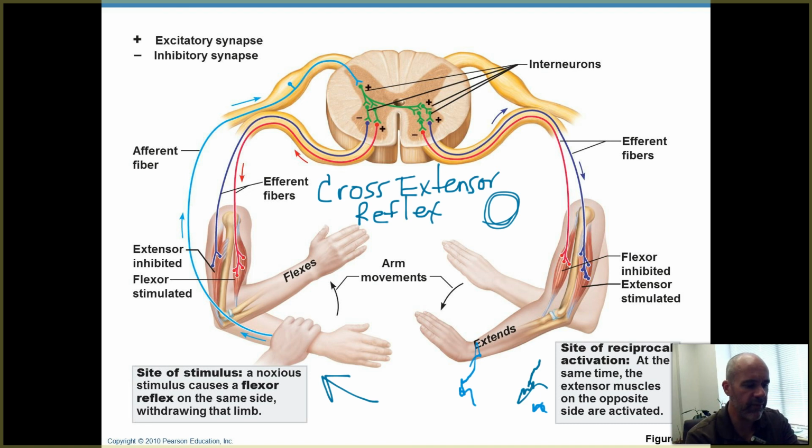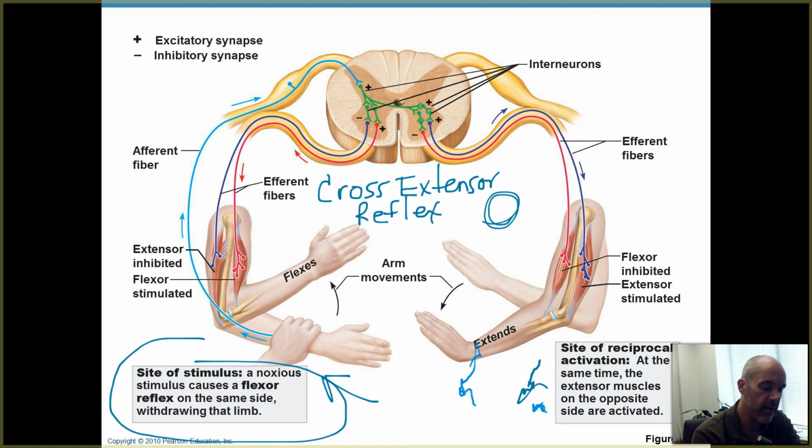And so if we follow along with our story here, you've got a stimulus, somebody grabs your arm. You've got sensory neurons that detect that touch and pressure, and they send action potentials through the dorsal root up here into the spinal cord. We've got some interneuron networking that goes on in here.